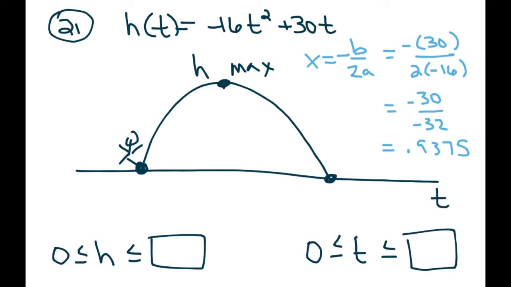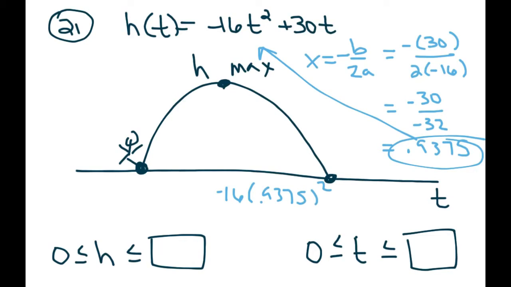Now we want to find the y value of the vertex by plugging this into the original equation. -16 times 0.9375 squared plus 30 times 0.9375 is going to be approximately 14.1. So we know that the ball can go as high as 14.1 feet or as low as 0 feet.